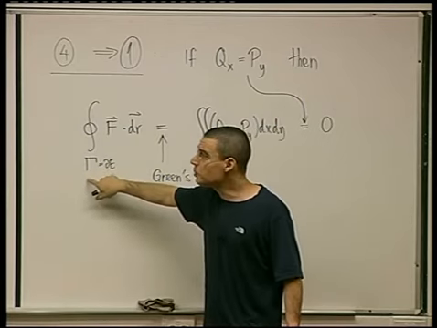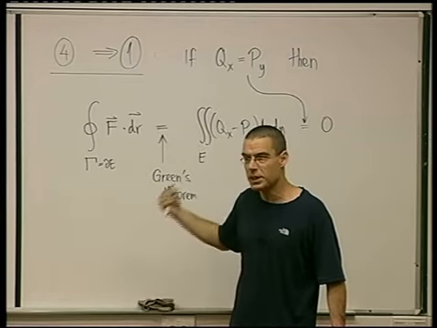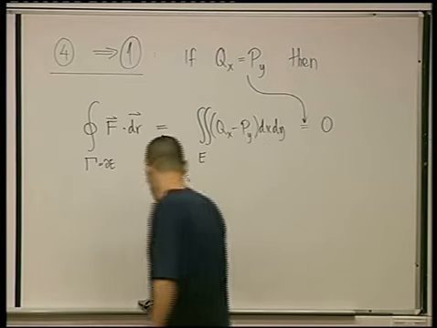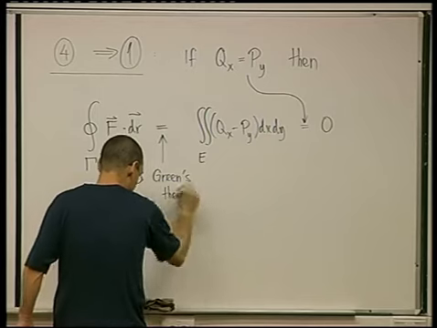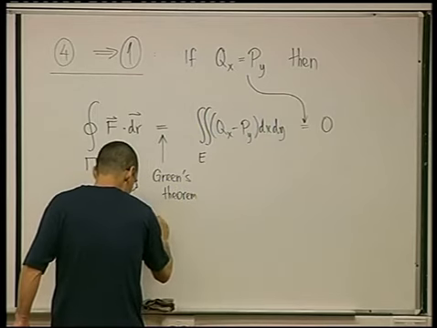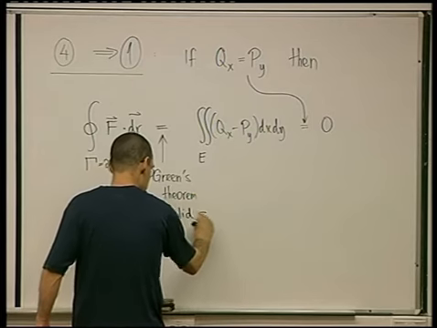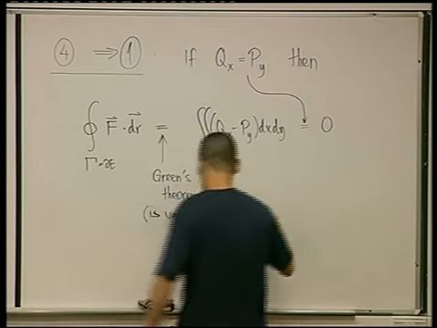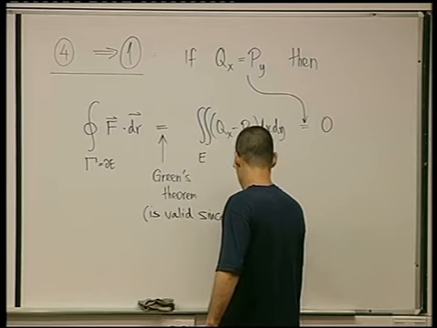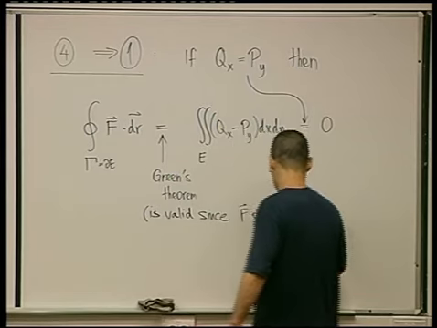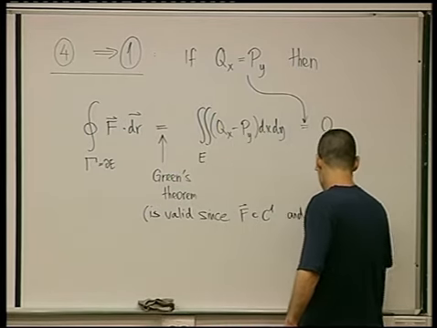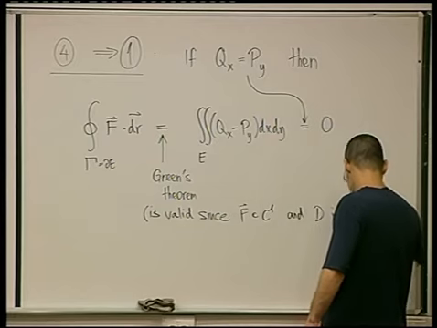Okay? So this is precisely how we define simply connected domains. So let's write here and then go one board back. Green's theorem is valid since F is in C1, and D is simply connected.